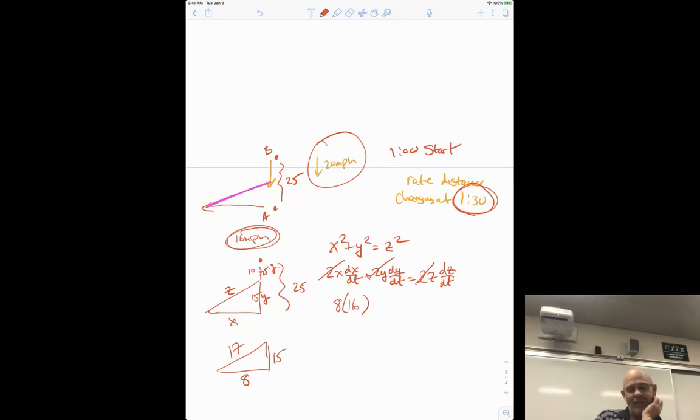However, think about the logic of this problem. If this boat went to the right or to the left, east or west, would the answer to this question change? I'm going to pause for a second and ask it again. If this thing went east instead of west, would the answer change? You should say no, because it's the same picture. I could have drawn it the other way and you wouldn't even have known.